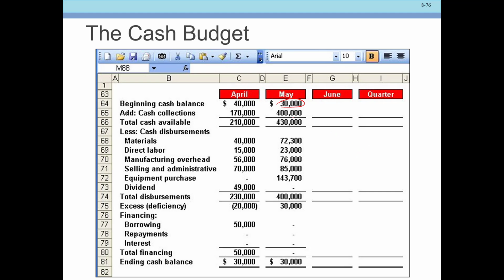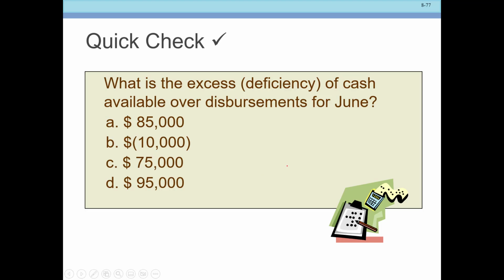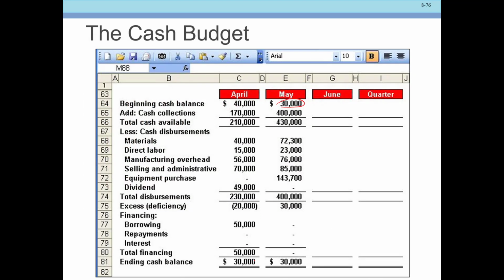I will start with the 30,000 coming from here. And then I will add again the cash collection for May to reach 430,000. I will start subtracting the cash disbursements again to reach 400,000.